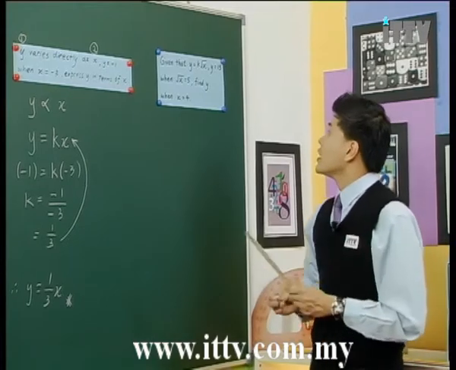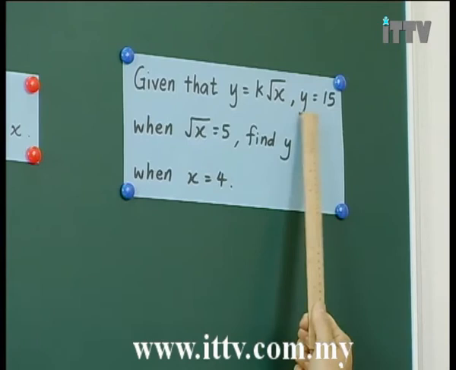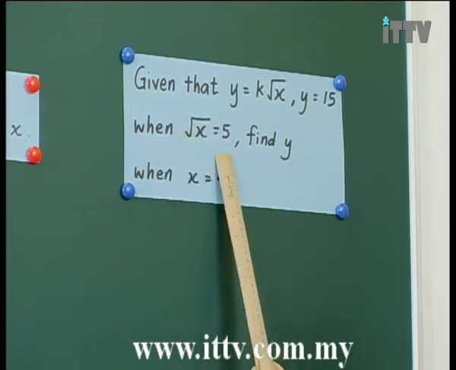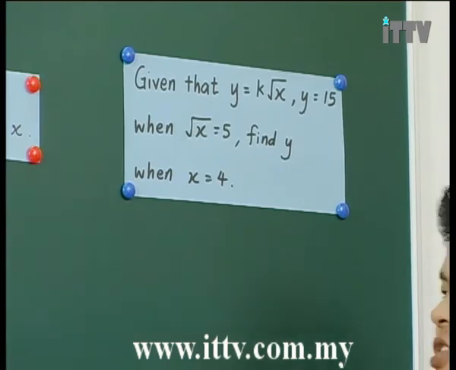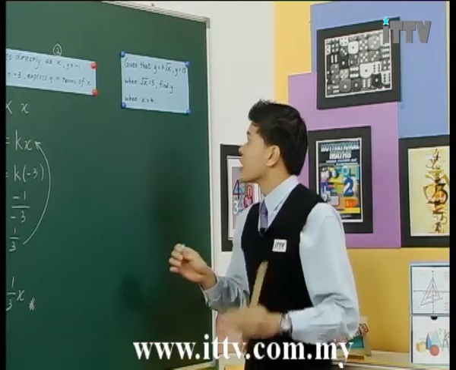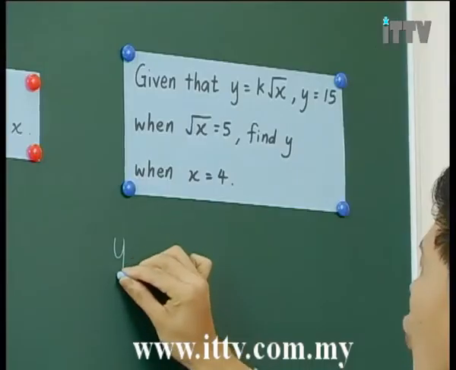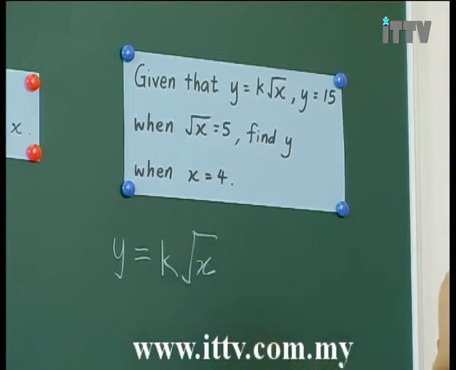Let's take a look here. Given that y equals k square root x, y is 15 when square root x is 5, find y when x equals 4. Always remember the pattern of solution is the same for direct variation. First of all, y equals k square root x.